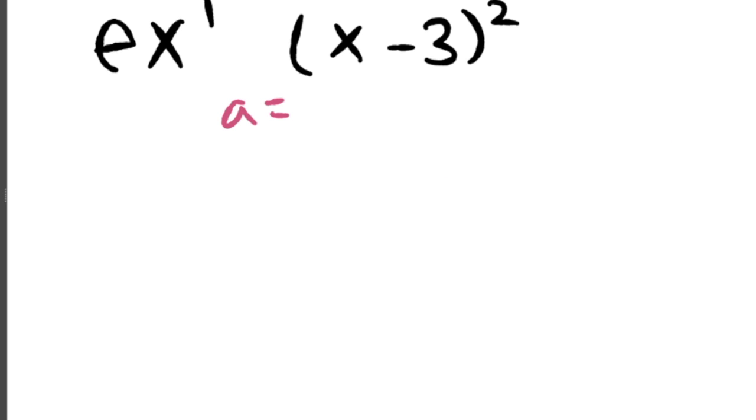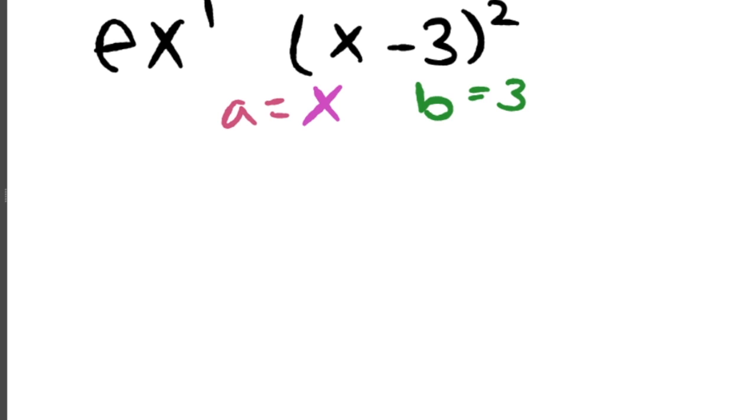So an example of this would be x minus 3 squared. We have to identify our a and our b. In this occasion, a is x and b here is 3.